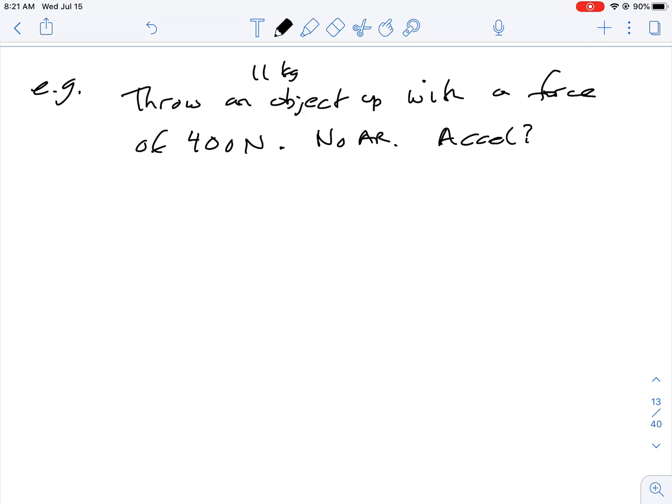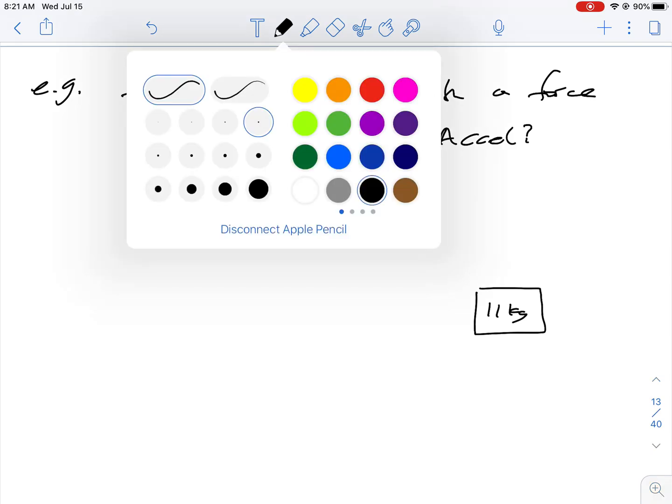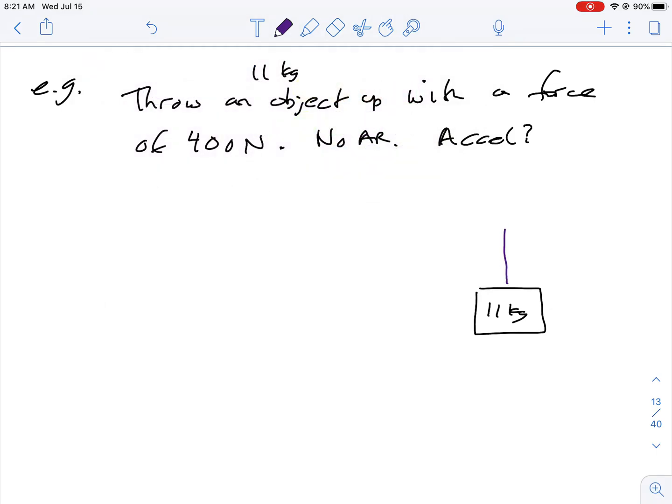Okay, apologize for the messy writing. Now, we know that what we do typically is we draw a force diagram for this. So here's the object that has a mass of 11 kilograms. Now, it's thrown up with a force of 400 newtons. So there's an upward applied force on this object, and this force F would be, in this case, 400 newtons.